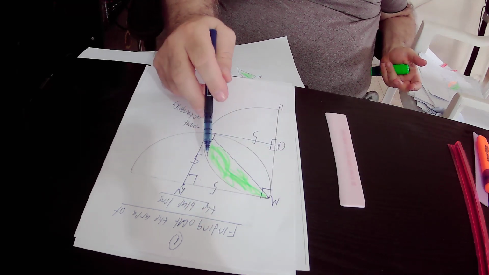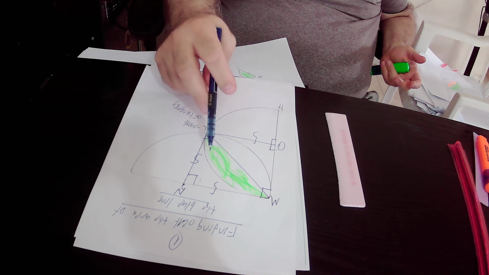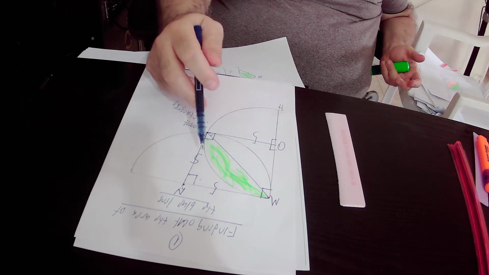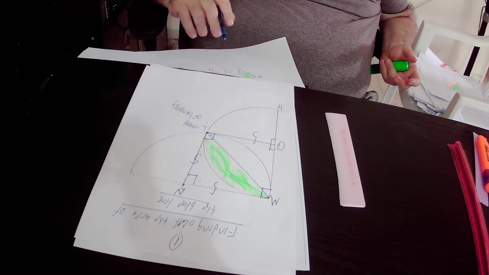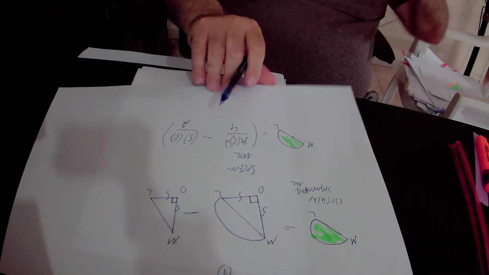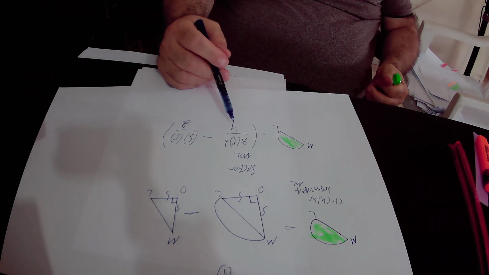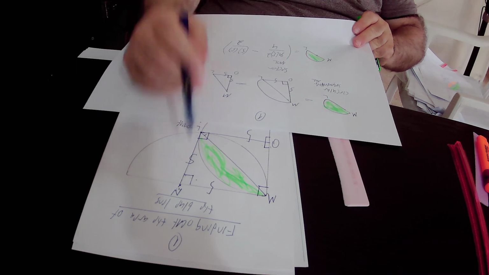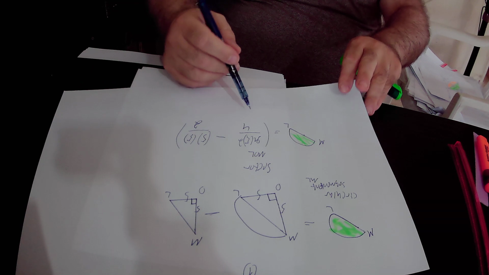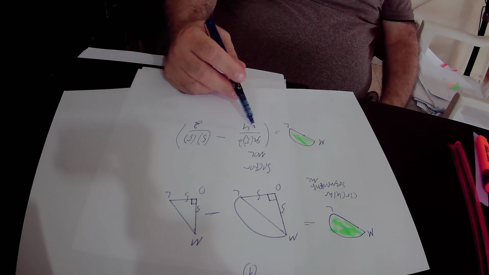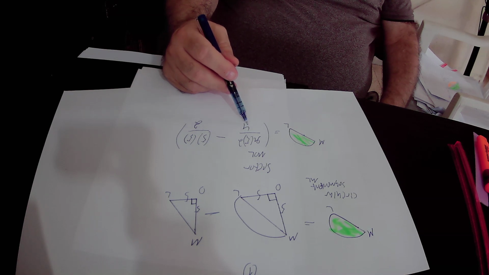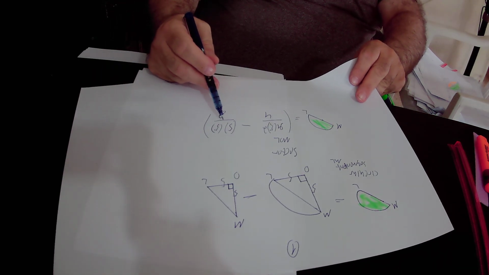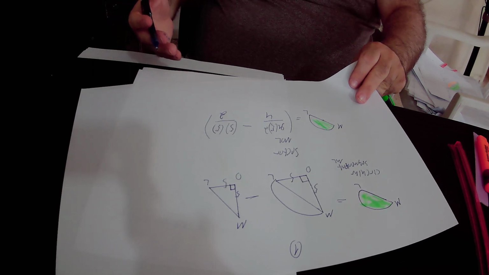So the area of this quarter circle will be equal to pi times 5 squared over 4 minus the area of the right triangle, which is 5 times 5 over 2. Okay?